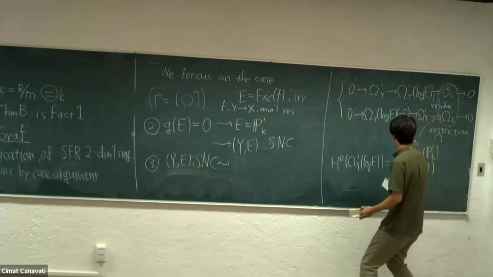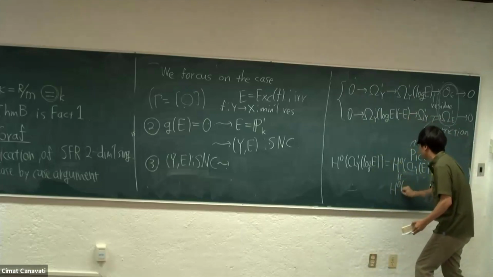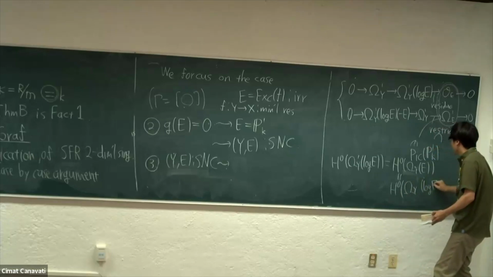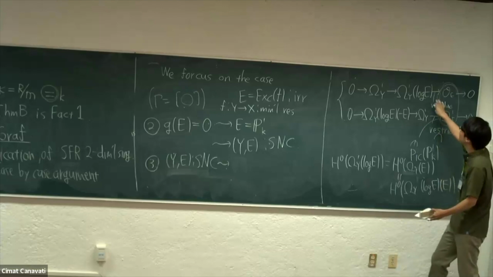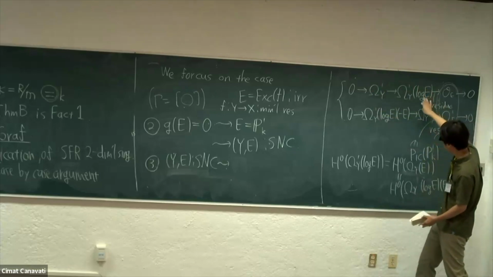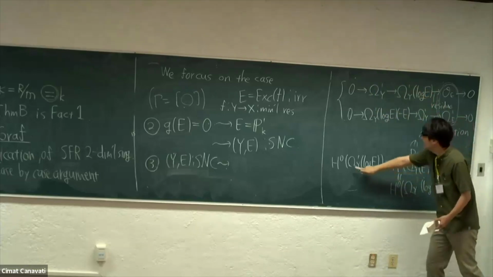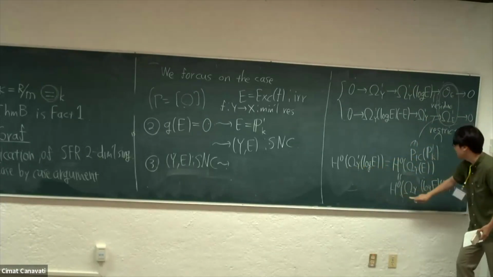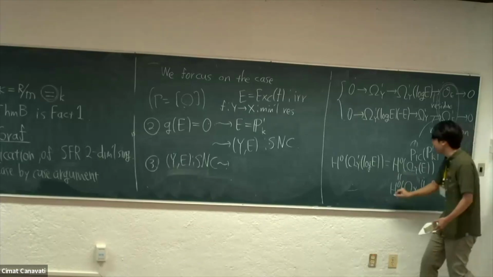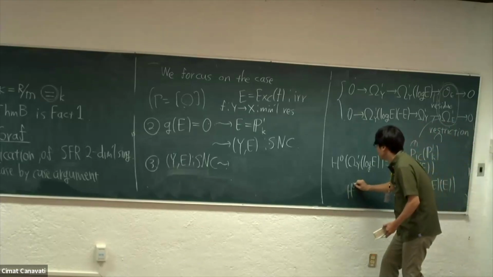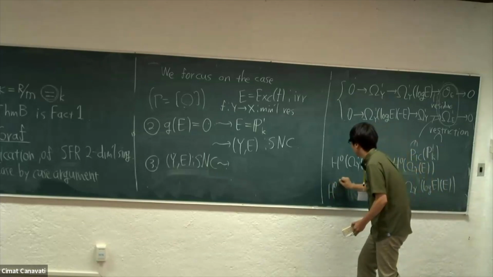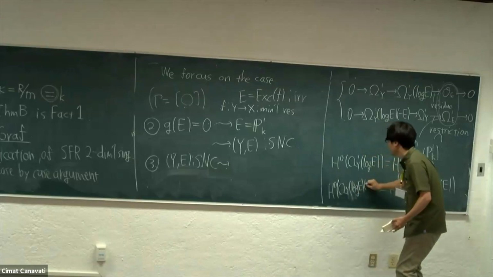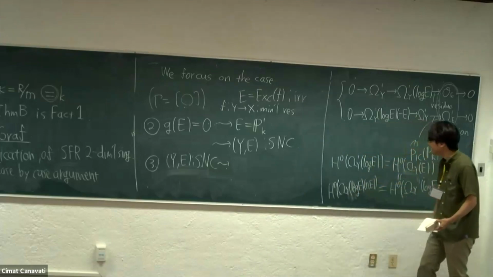And this is also equal to H0 of Omega Y log E tensor E, by using the first exact sequence tensored with E. So this shows that the global section of Omega Y log E is equivalent to the global section of Omega Y1 log E tensor E. Repeating, this is equal to Omega Y1 log E tensor nE for any positive integer n.